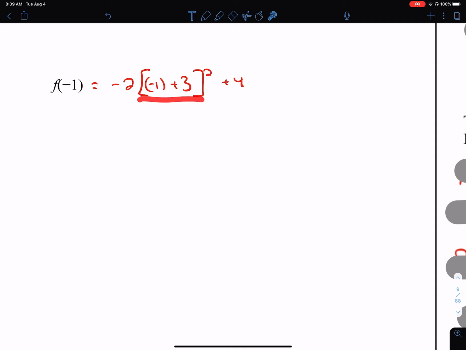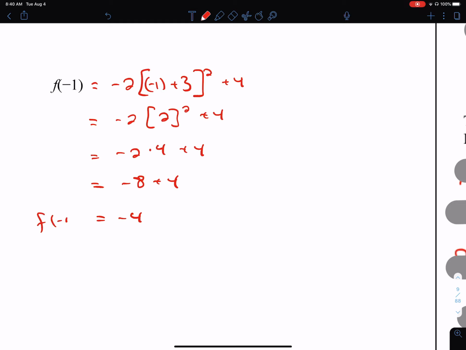But visually this is easier for me to comprehend than those double parentheses. Negative 1 plus 3 is 2. 2 squared means 2 times 2, which is 4. Negative 2 times 4 is negative 8. Negative 8 plus 4 is negative 4. This means when the x value is negative 1, the y value is negative 4.